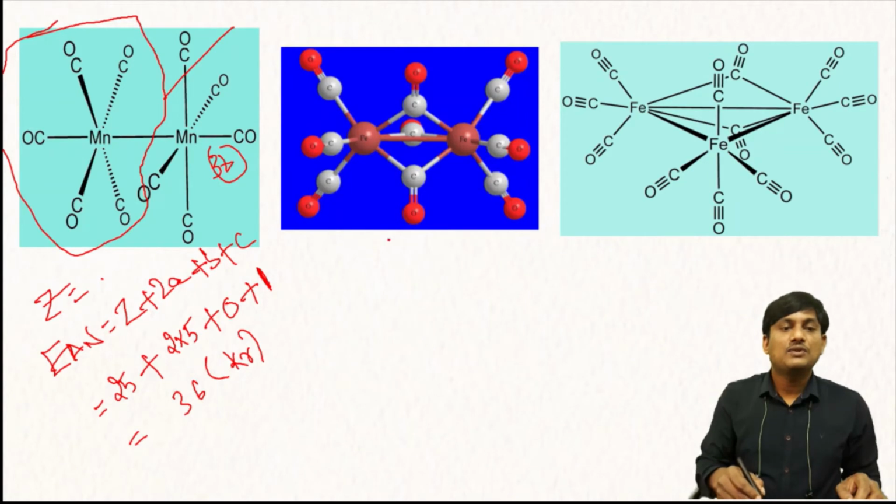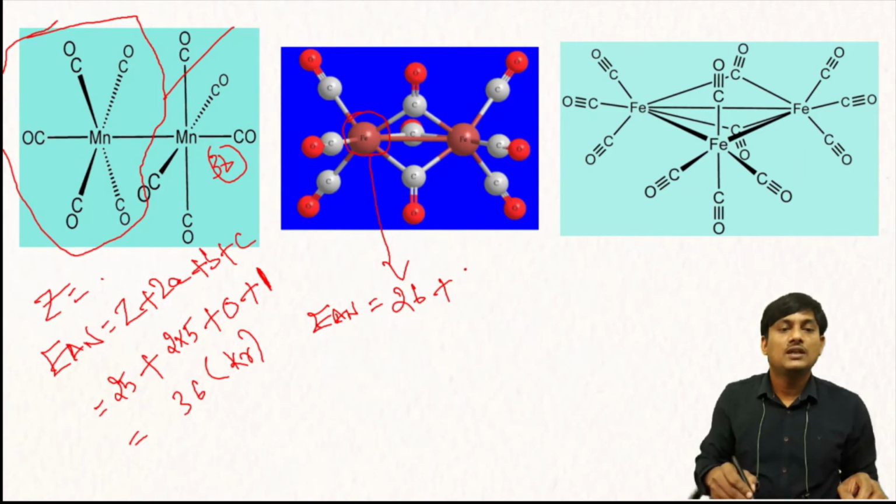Let us take this one, Fe2CO9. Let us take this part. For this, EAN is equal to, what is the Z value? Iron is 26, and the terminal CO ligands: 1, 2, 3, so 2 into 3, 3 terminal ligands are there, and bridge ligands 1, 2, 3, 3 bridge ligands are there, and the metal-metal bonds, 1 metal-metal bond.